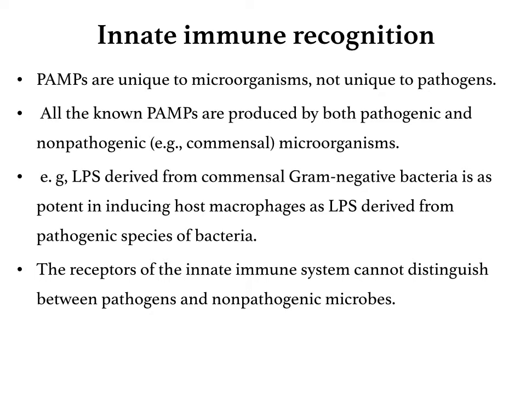Like for example, the lipopolysaccharides are an example of the patterns that are associated with the pathogens that are the gram-negative bacteria. Similar type of lipopolysaccharides are also found to be present in the commensal organisms, that is, the organisms that are always present in the body of the host. Then, how does the immune system recognize that these are the pathogens and these are the commensals?